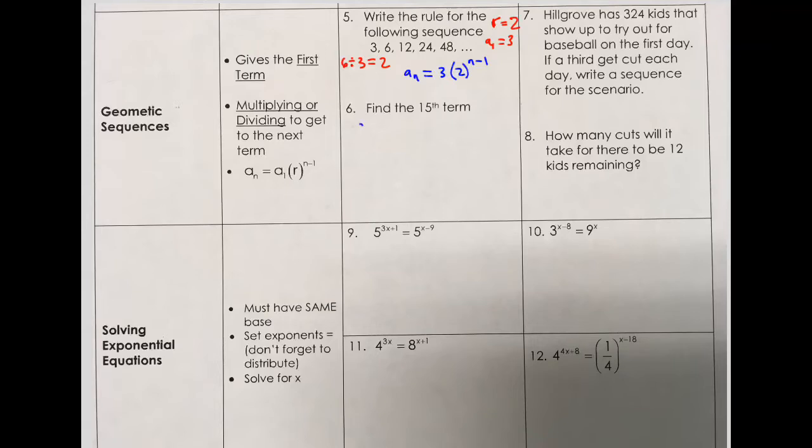So we want a sub 15 is equal to 3, common ratio of 2, 15 in place of n, and then punch that right into your calculator. And what is that going to give you?